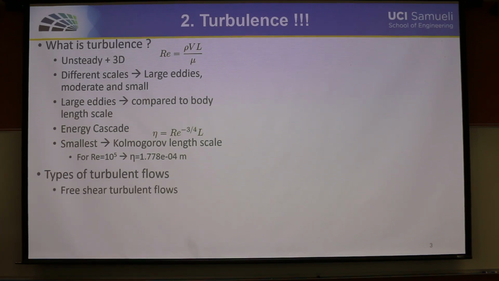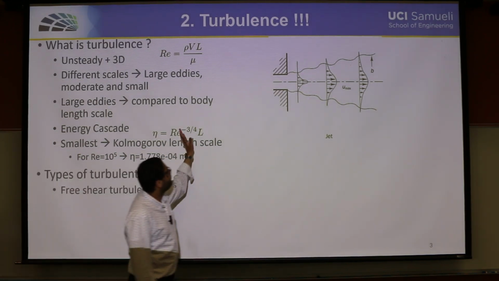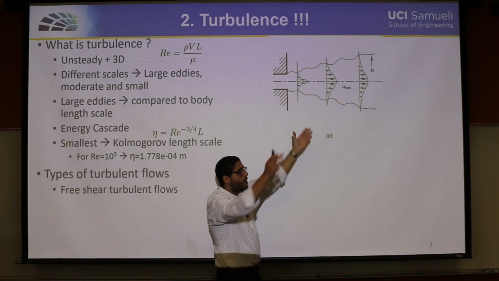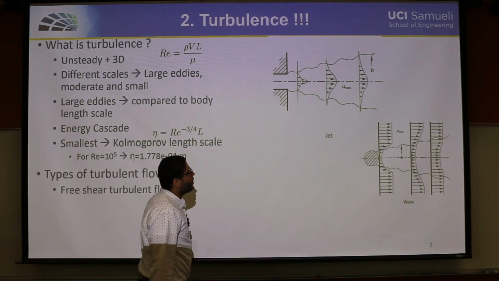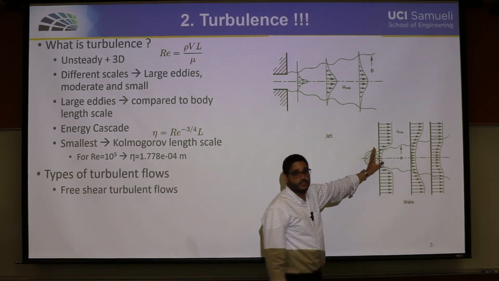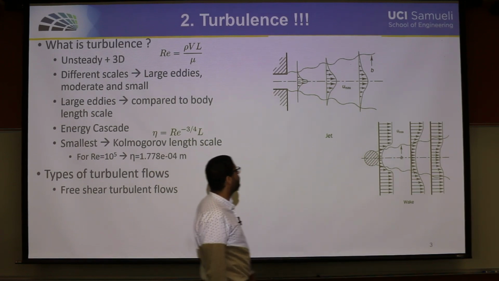Let's consider the types of turbulent flows. I have been mentioning them, but let's be explicit. We have free shear turbulent flows, where you have a jet being discharged in an ambient atmosphere, or the wake of a cylinder, not the flow over the cylinder, because the flow over the cylinder is not considered a free shear flow.